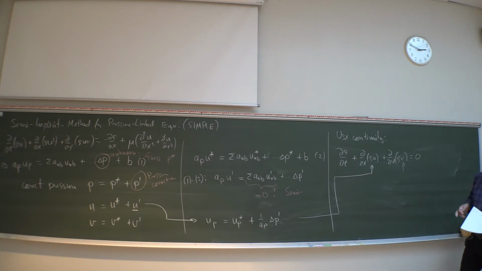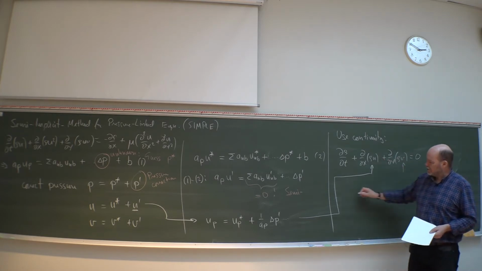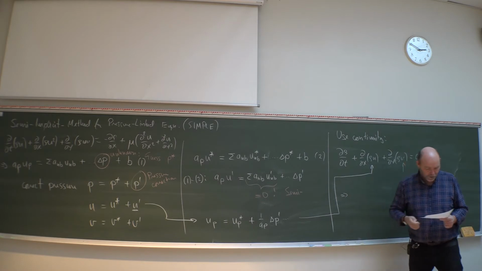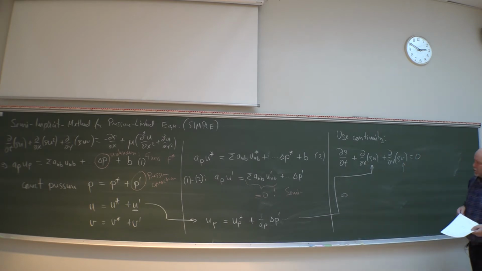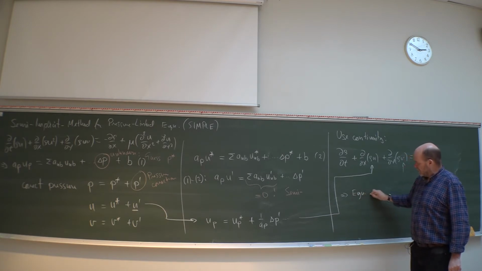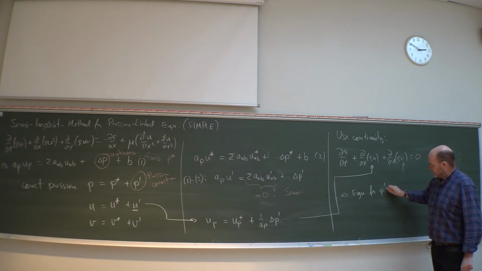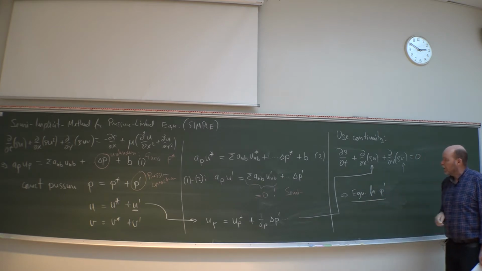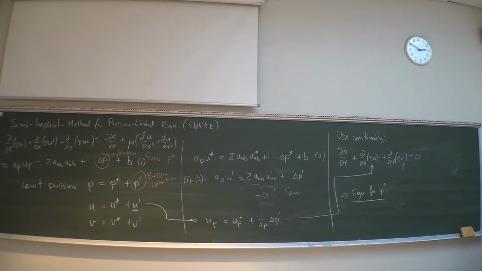But then you substitute away these velocities here. Then this equation is going to end up being one equation for the pressure correction, based on continuity. So that is the trick.